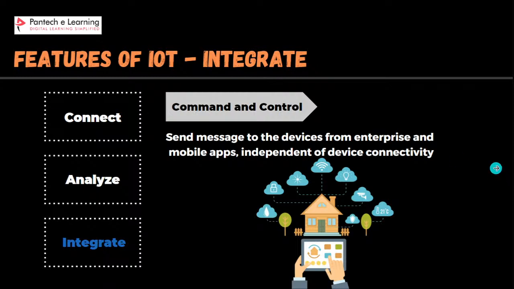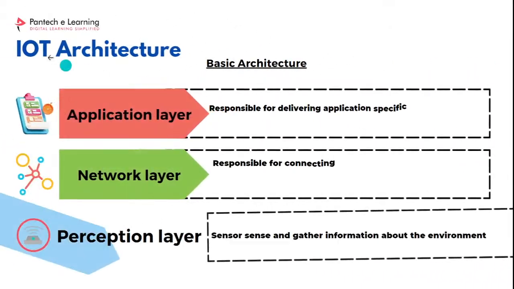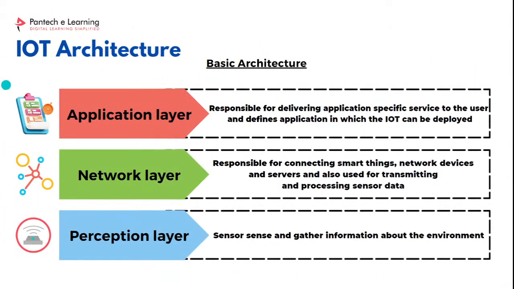So the next topic is IoT architecture. Coming to the architecture, we can break it down to a simple 3-level architecture where we have a perception layer, which gathers information from the environment around it. Once it's done, I'm going to pass this information to the network layer.